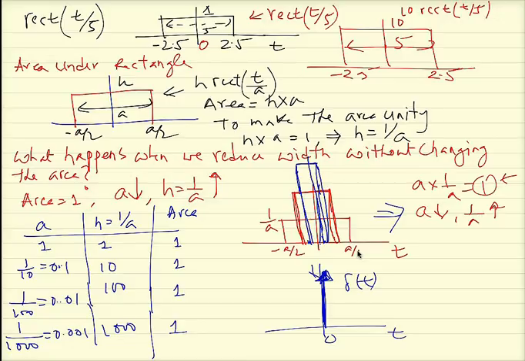So the summary is, if you have a rectangular pulse, let me write down in mathematical form what happens. You have a rectangular pulse with the width of a, and the height or amplitude is 1 over a.